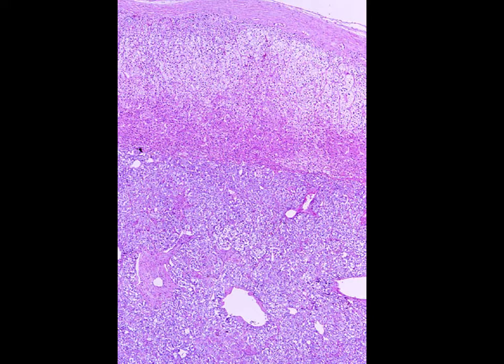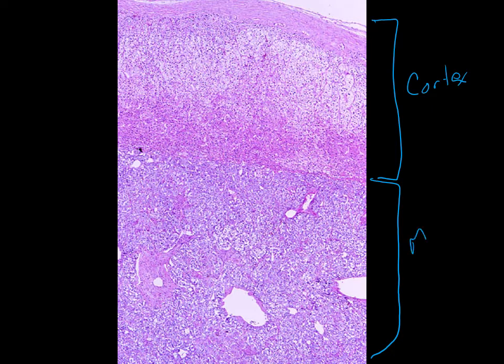Next up, we have the adrenal glands. And so the adrenal gland has two major portions to it. It has the medulla, and then it has the cortex. And there's our dividing line between the two that are there. And so when we look at them, so here we have the cortex, and here we have medulla.